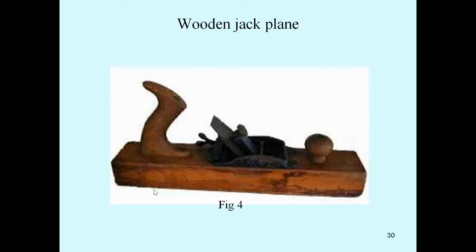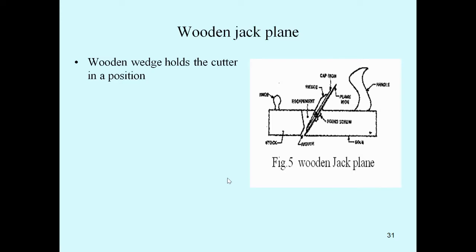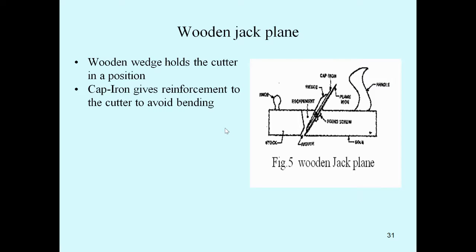This bottom surface, that is the face of the stock, is called the sole. The wooden wedge holds the cutter. This part is called the wedge. It is made of wood. So the wooden wedge holds the cutter in position. To place the cutter in a particular position, with the help of this wooden wedge you can hold the iron cutter in position.